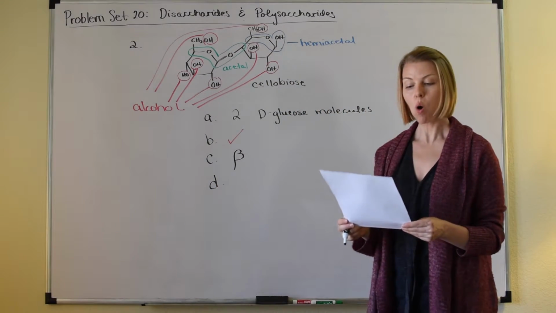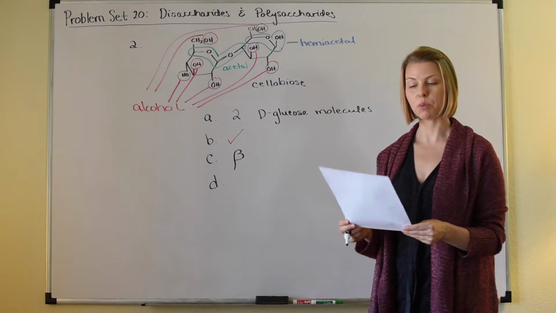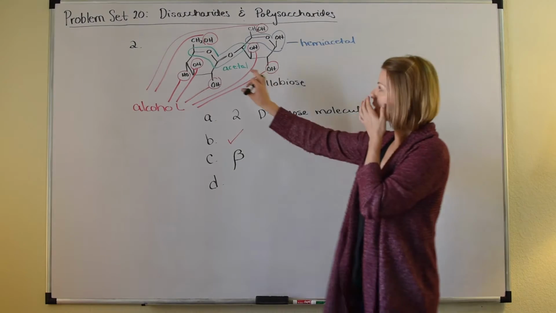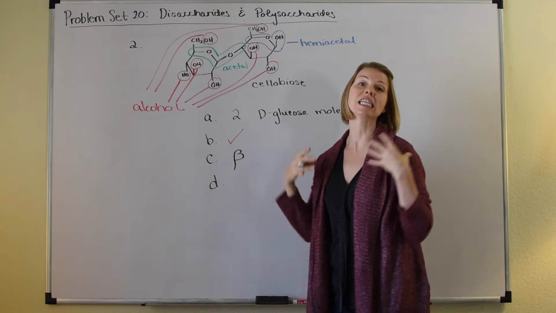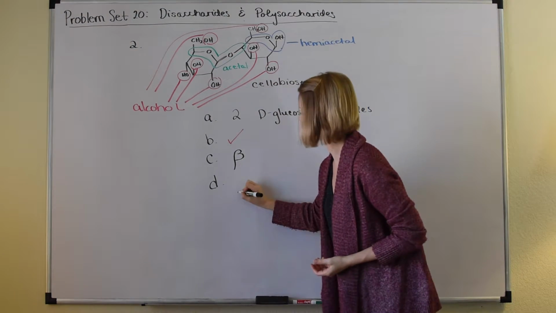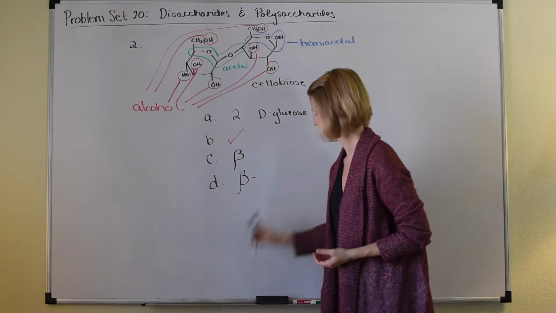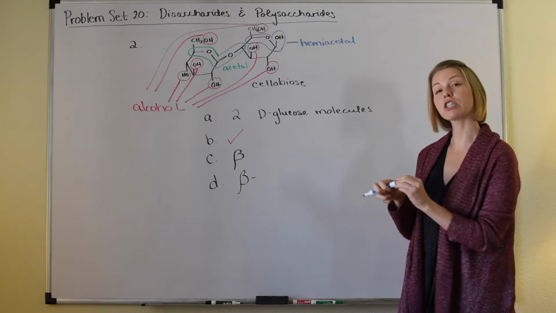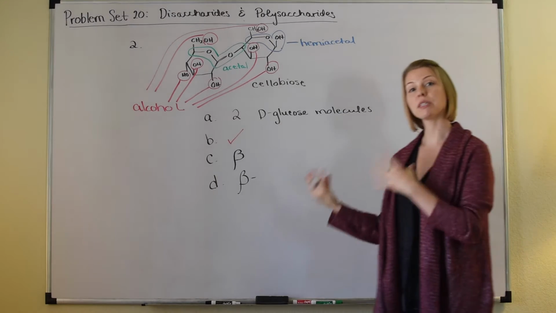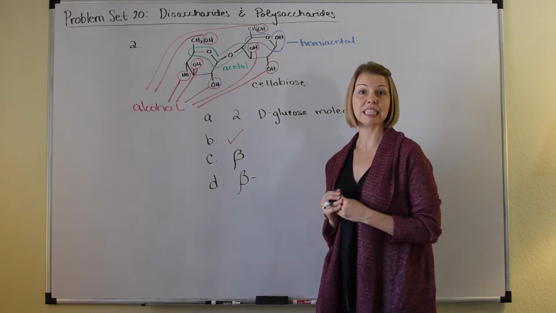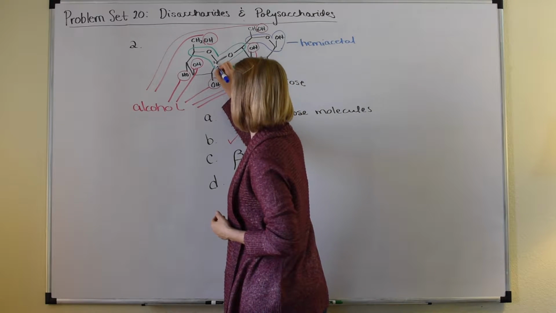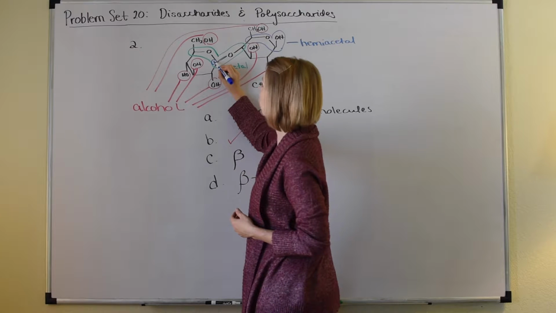Part D. What type of linkage exists between the two monosaccharides in cellobiose? Okay, so we already know that the acetal linkage is in the beta orientation, so we'll go ahead and rewrite that down here. And then if we look to see which carbons of the rings are connected in that glycosidic bond, we will find that it is the 1.